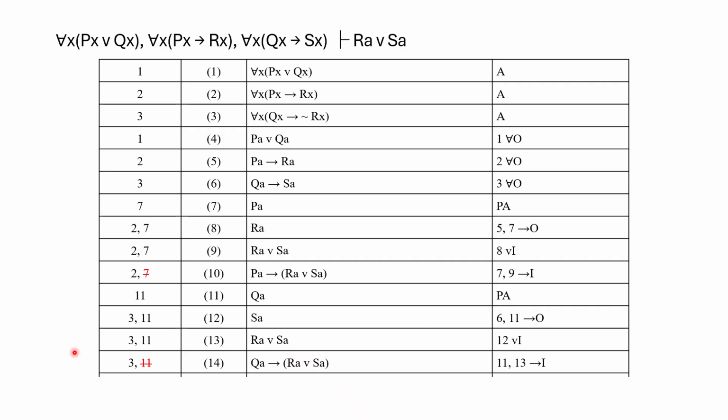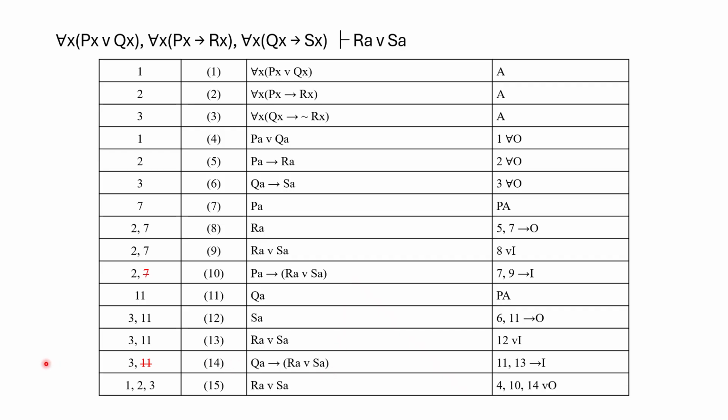And so now I've got my wedge statement. I've got one arrow showing that one disjunct leads to the conclusion. I've got another arrow showing that the other disjunct leads to the same conclusion, so I can affirm the conclusion using my wedge out rule.